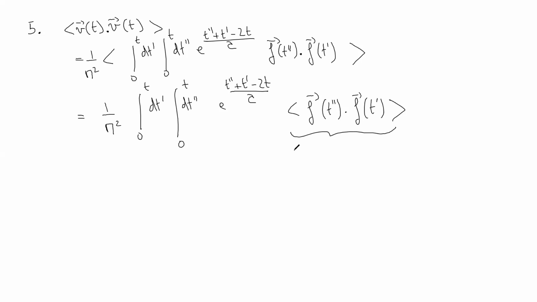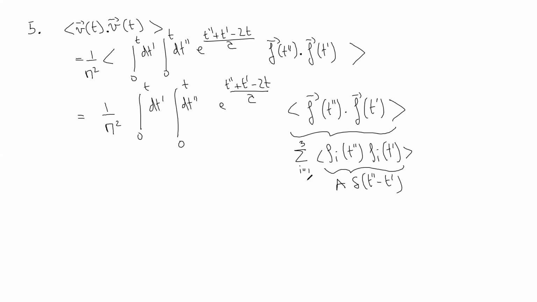So this is the sum over i, 1 to 3, of f_i with the same i here. And this is A times the correlator in time, according to what we just said.